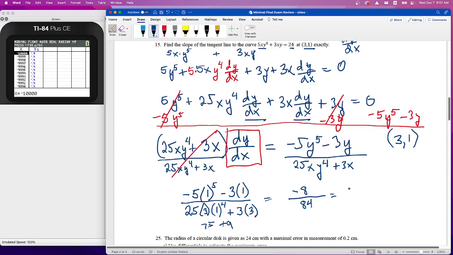Well, 2 goes into both of these, so that's going to give minus 4 over 84 divided by 2, which is 42. 2 goes into both of these. 2 goes into 4 2 times. 2 goes into 42 21 times. So that would be the answer for that one.